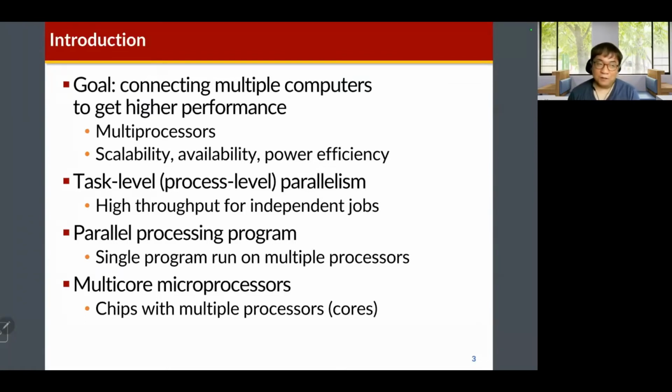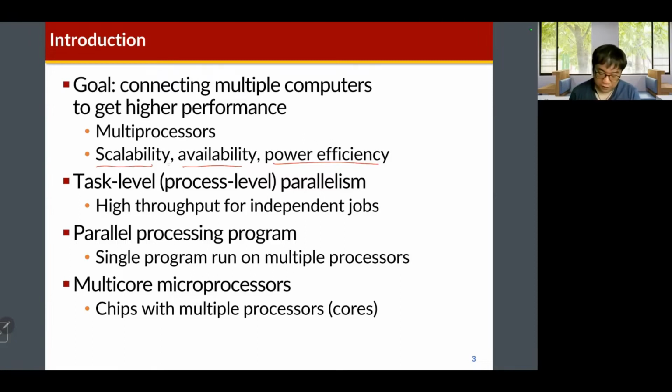So we will learn about the multi-core architecture. These architectures are called multiprocessor architectures. And in this multi-core architecture, there are important topics. So what are these topics? It's scalability, availability, and then power efficiency.